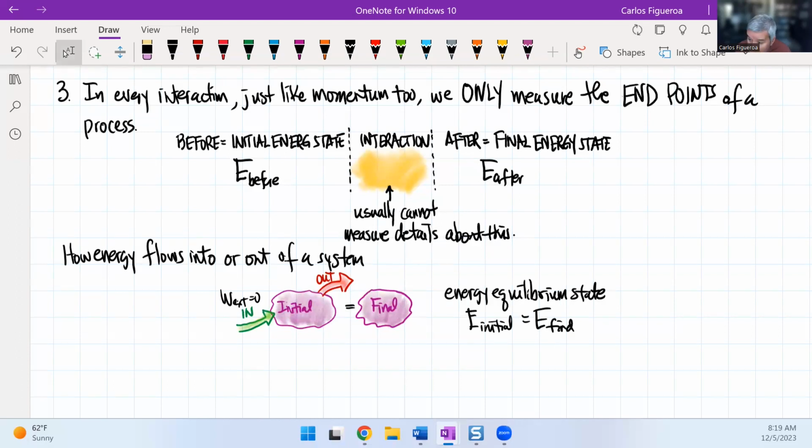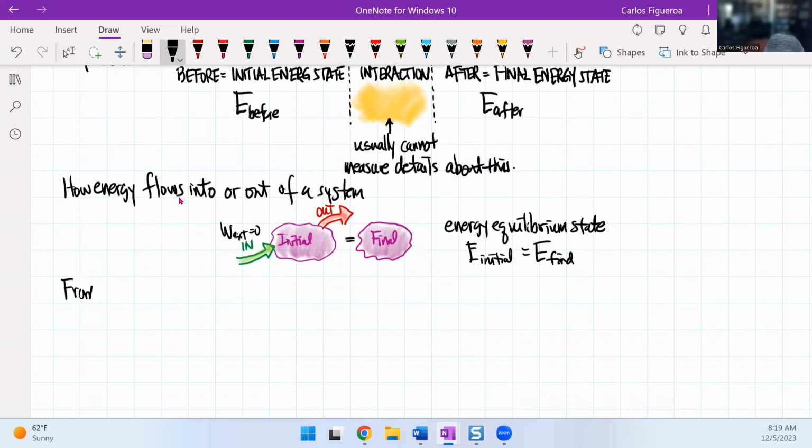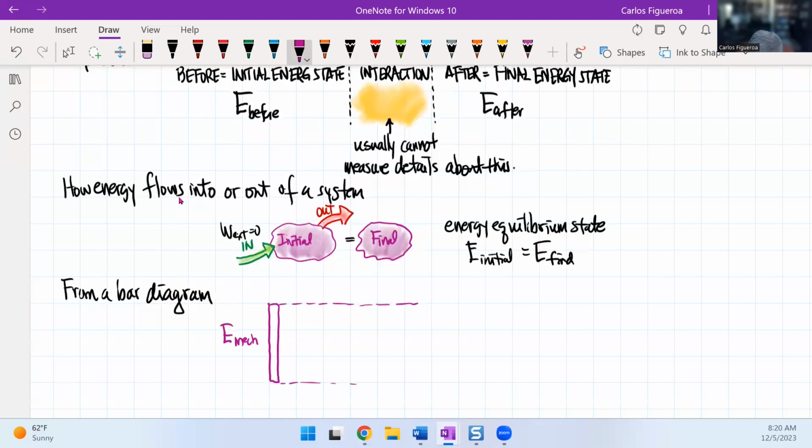So picture-wise, we use a bar diagram. And from a bar diagram, we say that we have this amount of total mechanical energy. And when we look at this, we cannot change the total amount of energy here.